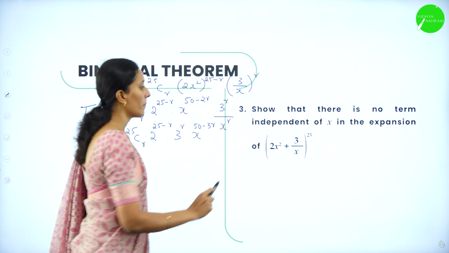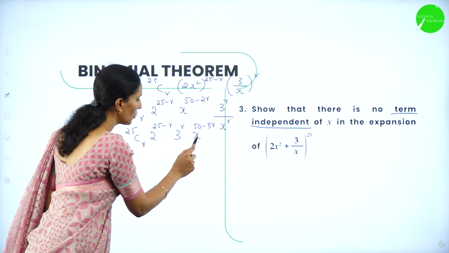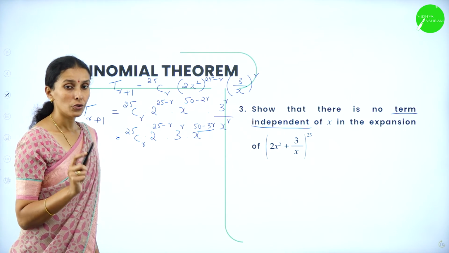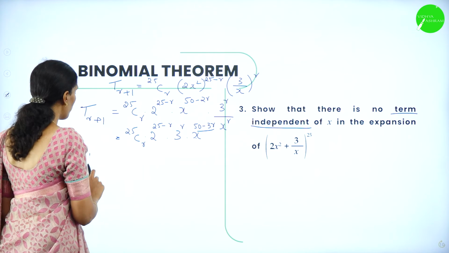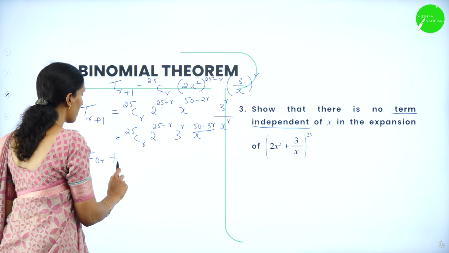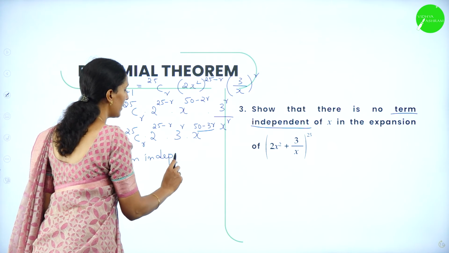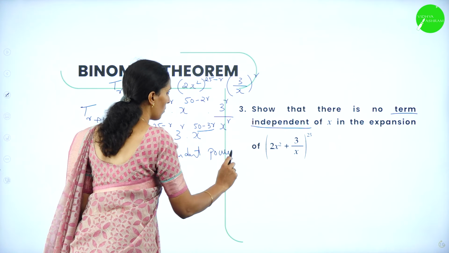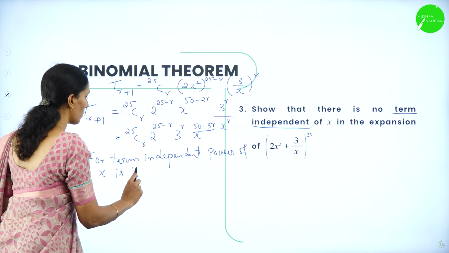If suppose there is a term independent, then 50−3r should be equal to 0, because for a term independent, the power of x is 0.